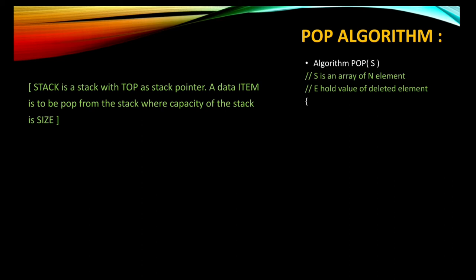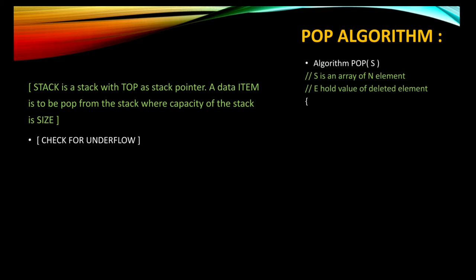Algorithm, pop, we want S, we don't want E here because we are not bringing E here, we are taking the E which is already present. We are going to delete that E which is already present inside the array. We are not supposed to bring it from the user. That's why I am keeping S only.